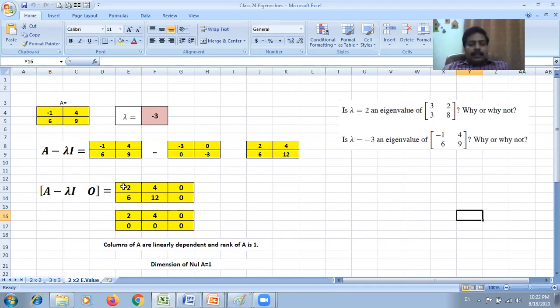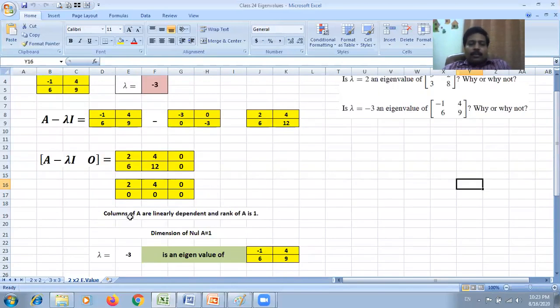This is being converted into echelon form. I am making these zeros by using these rows. Here we can observe that the second row is a multiple of the first one, so it will simply become a zero row. So the columns of A minus lambda I, (2, 6) and (4, 12), are linearly dependent, and the rank is 1, since there is only one pivot here.